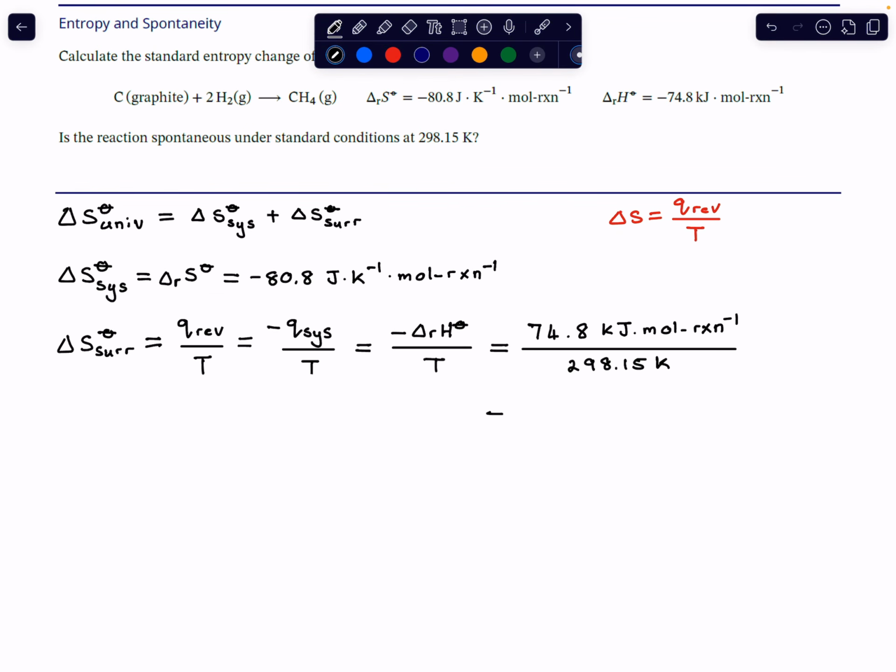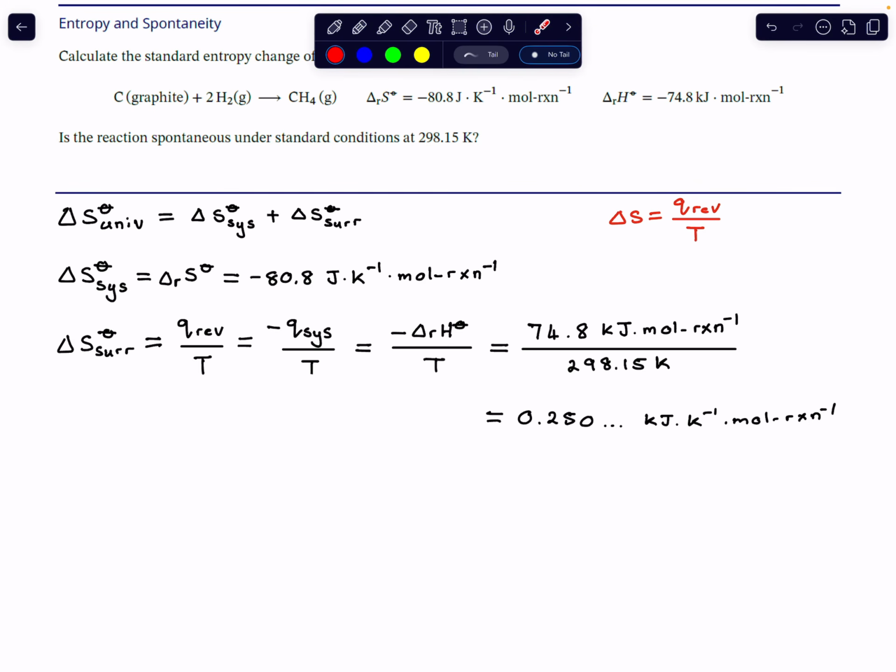So if I calculate this, you should get 0.250, etc. kilojoule per Kelvin per mole reaction. And if you notice, our system's entropy change at the moment is in joule per Kelvin per mole, and our surroundings at the moment is in kilojoule per Kelvin per mole.